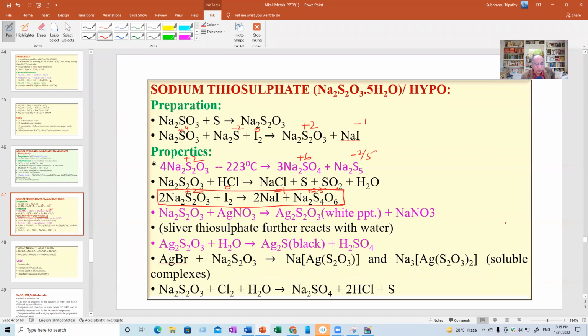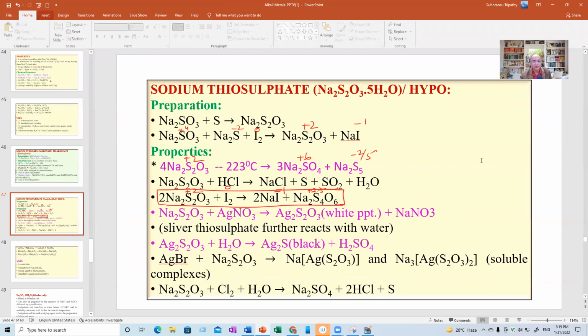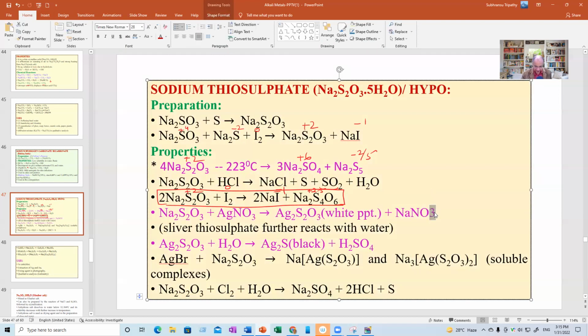Now, this is sodium thiosulfate reacting with silver nitrate. First, a double displacement reaction, giving you silver thiosulfate and sodium nitrate. And then after a bit, you will find the white precipitate will turn black because water will hydrolyze it to produce sulfide and sulfuric acid.